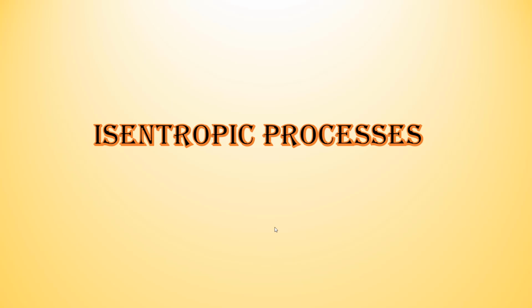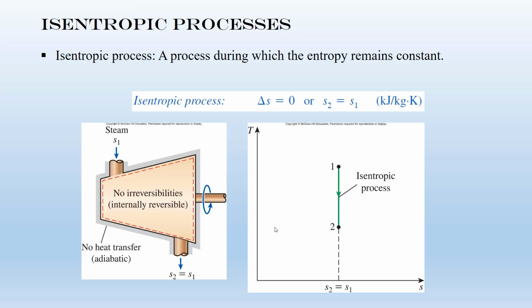Okay. So the last part of this lecture is isentropic processes. Isentropic processes are processes with delta S equals 0. If S1 equals S2, you are dealing with an isentropic process. So delta S is 0, or S remains constant. This is a TS diagram for the isentropic process.